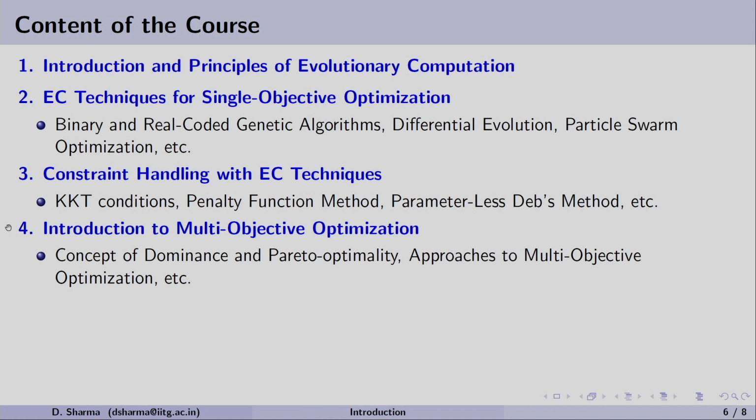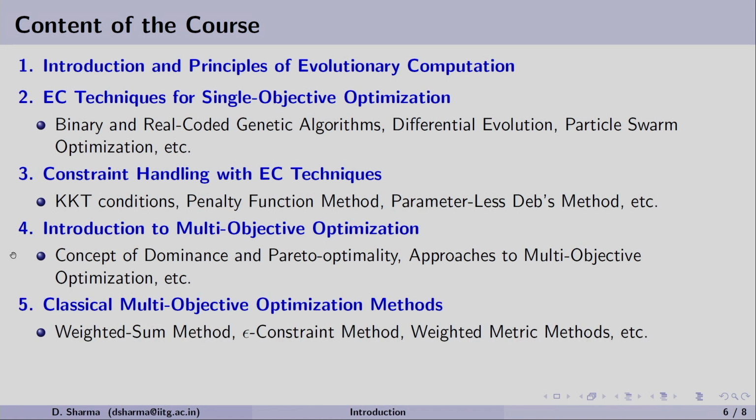Thereafter, we will move to multi-objective optimization. Here, we will discuss the concept of dominance and Pareto optimality, approaches to multi-objective optimization, and a few more details to introduce multi-objective optimization.